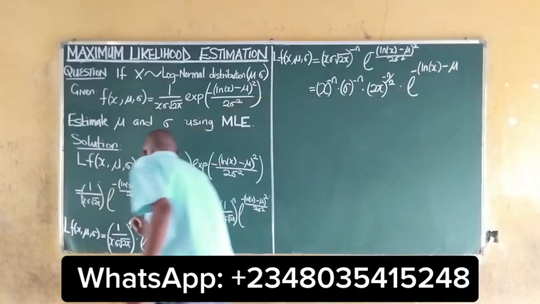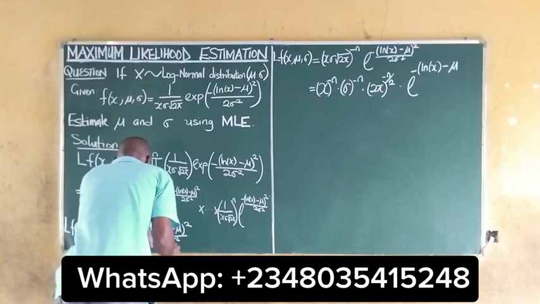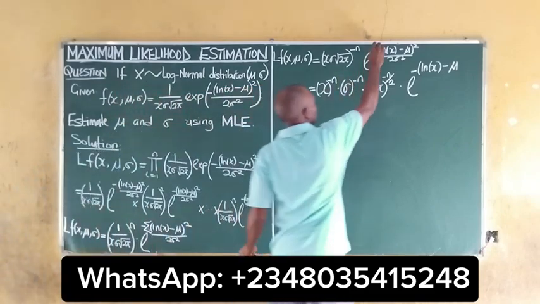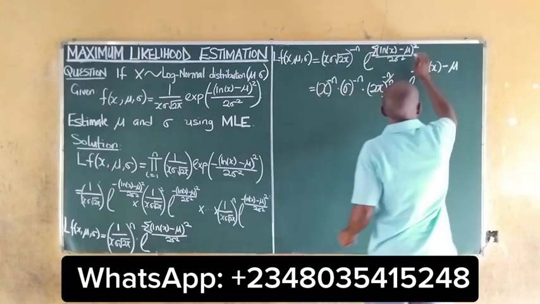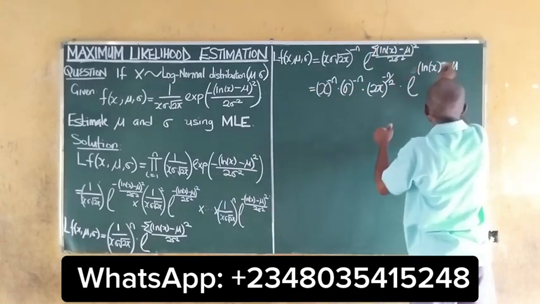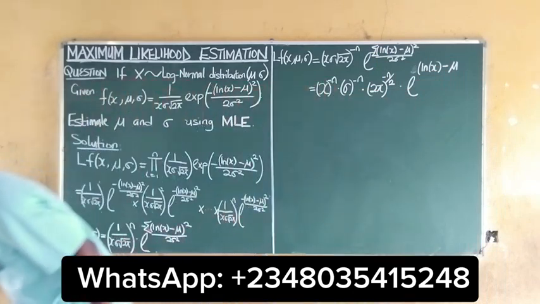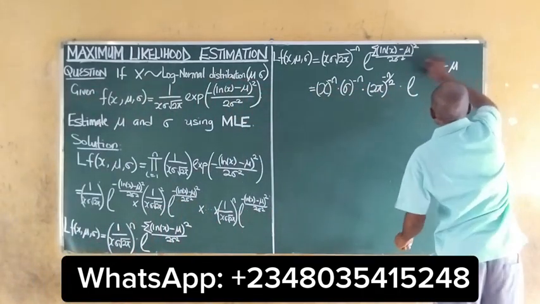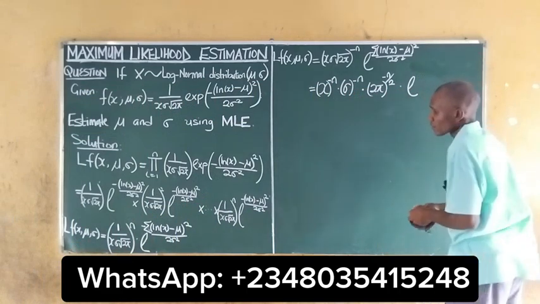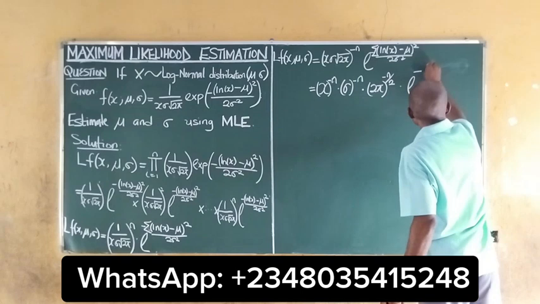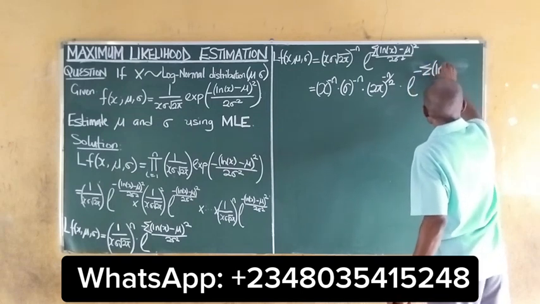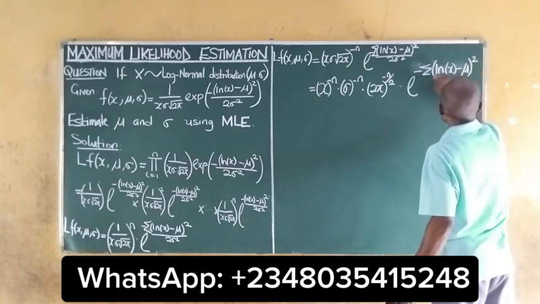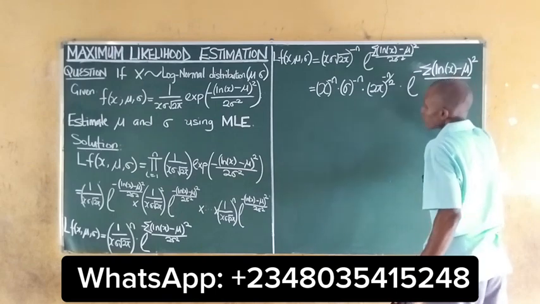Sorry, the sum total will give us the summation of this, which gives us negative summation of ln x minus mu raised to the power of 2 over 2 sigma squared.